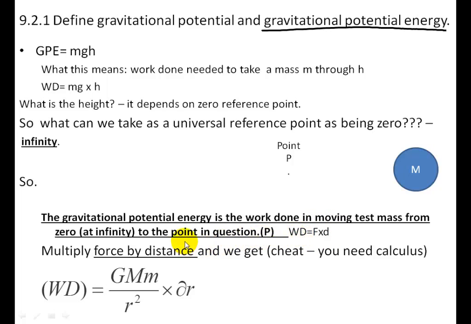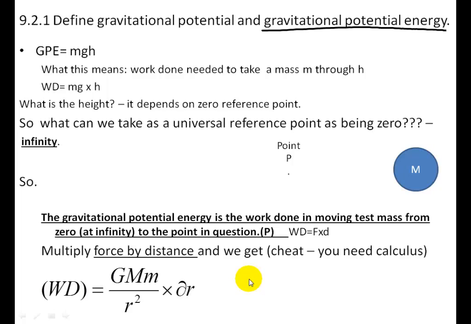One way of doing it is that the work done is GMm over r squared, which is the gravitational force, times the distance it travels. We take all these small distances and add them up to get the complete distance that it travels, times the force. You can see that this is r and this is r squared, so one of these r's is going to cancel out.